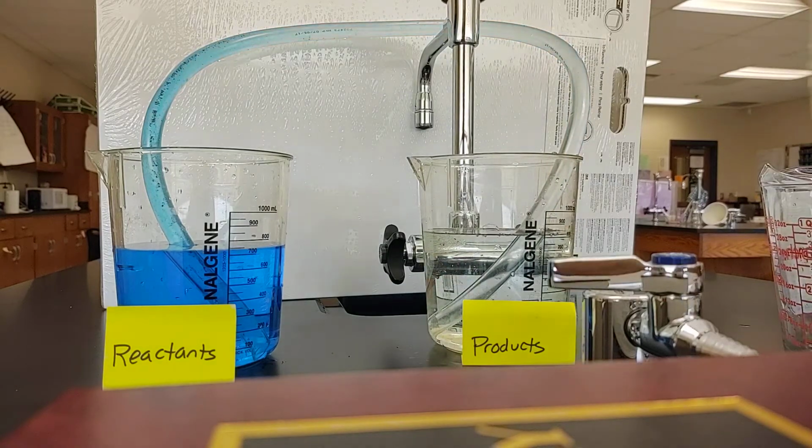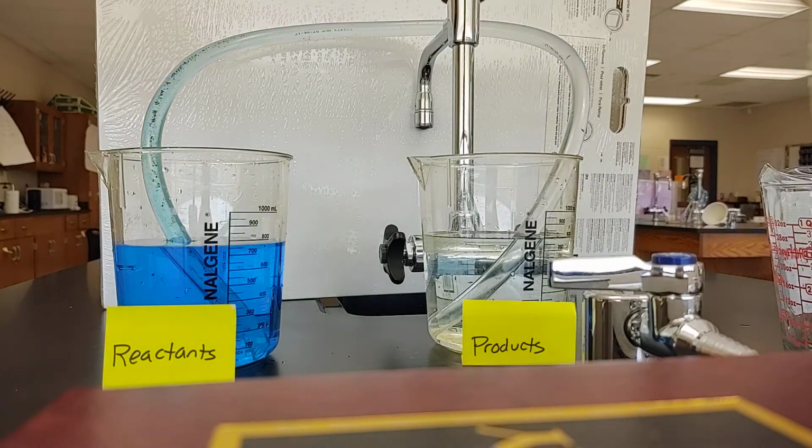And if you can see the color in the tube changing, some of the clear water from the products is now pushing over to the reactant side. So some of the products went through the reverse reaction to form the reactants. I took out some of the products before. How about if I take out some of the reactants now?